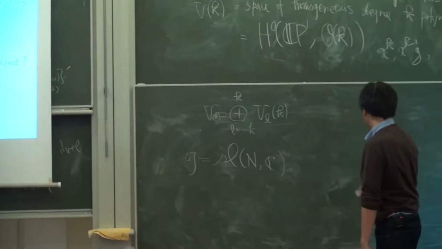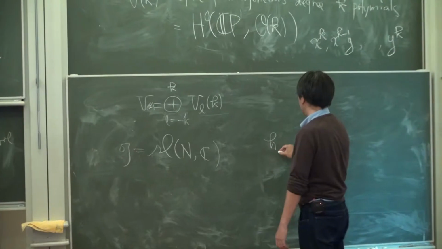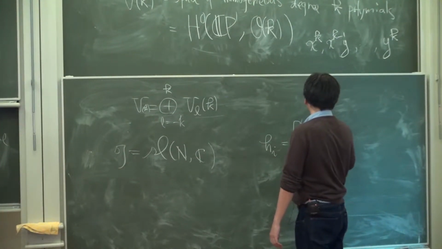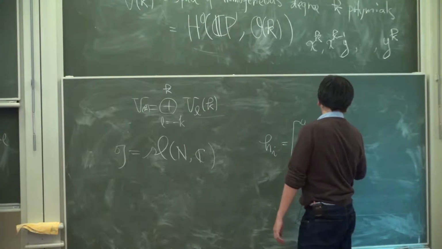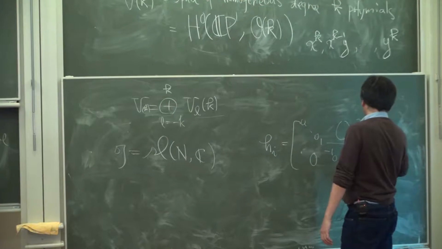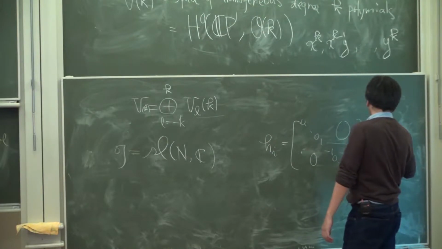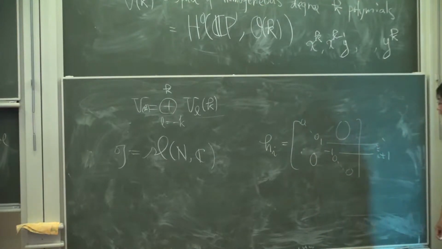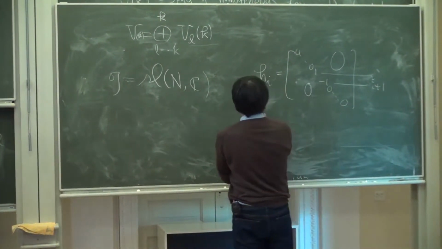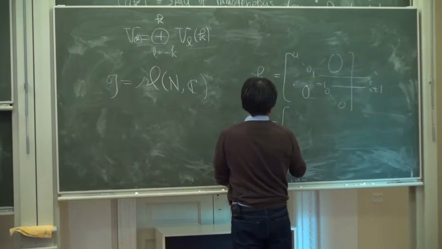In this case, you usually choose Hi, which has entries 0, 0, 1 and minus 1, where this is the i-th entry and this is the (i+1)-th entry. And Ei is similar.